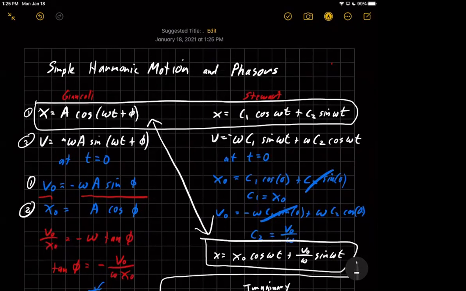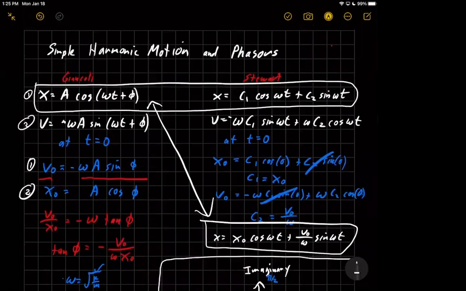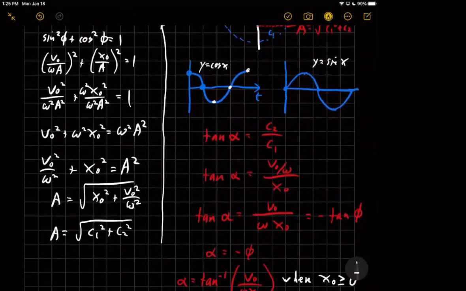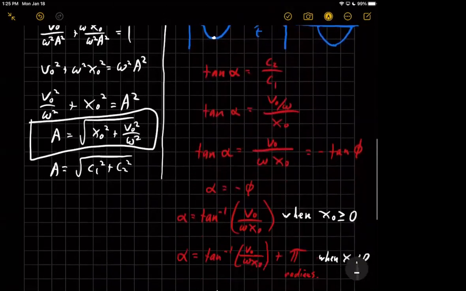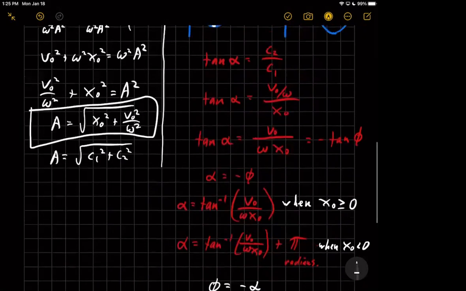So it turns out they are the same thing if we figure out A, we can determine A in terms of X naught and V naught and omega with this relationship right here. And we can figure out phi, the phase angle, from V naught and omega.